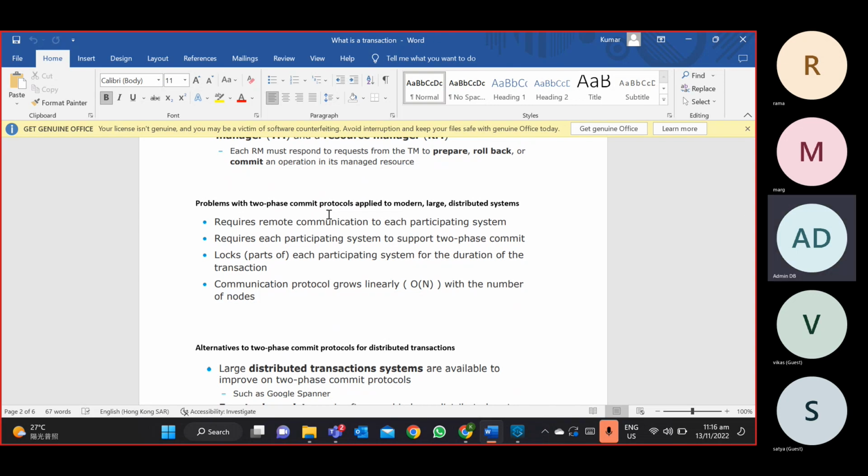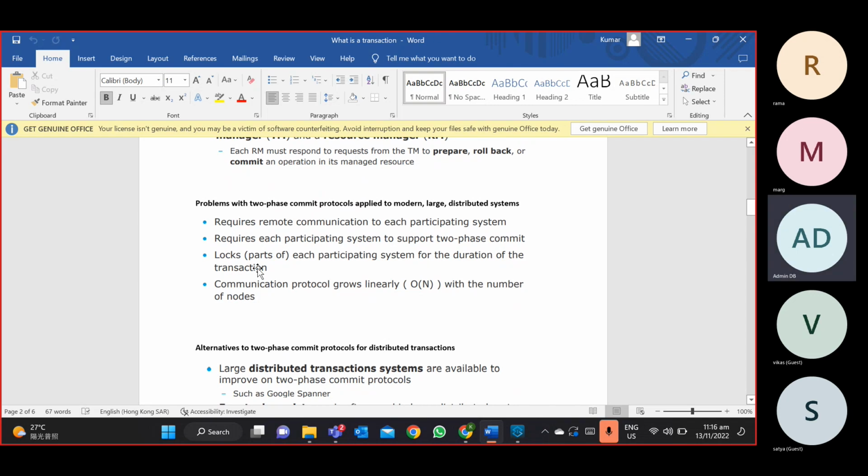Now, whenever we are talking about XA transactions, for each operation these conditions apply. First, it requires remote communication to each participating system. It requires each participating system to support two-phase commit. It locks each participating system for the duration of the transaction.